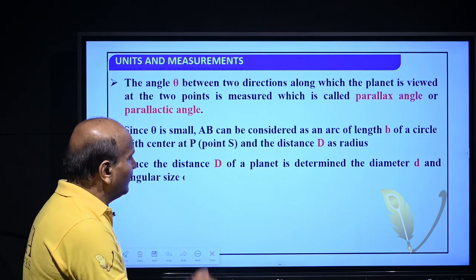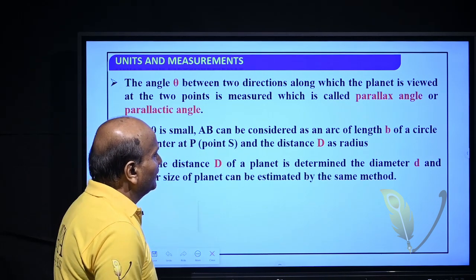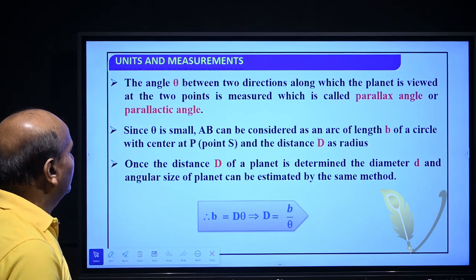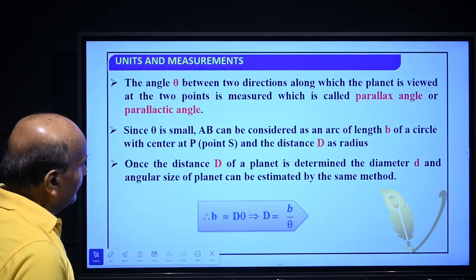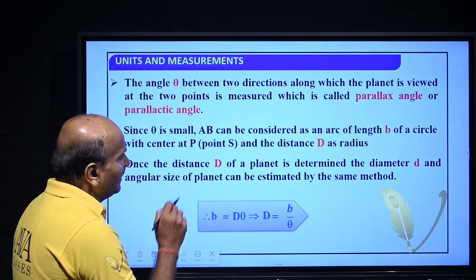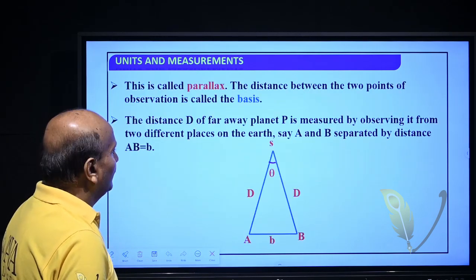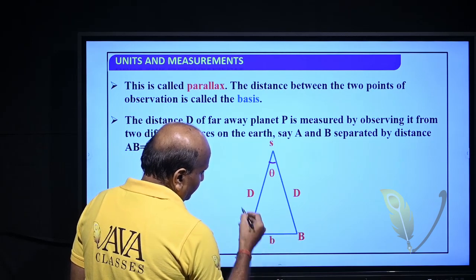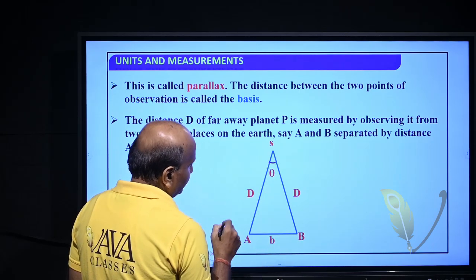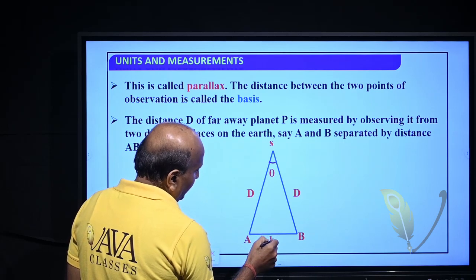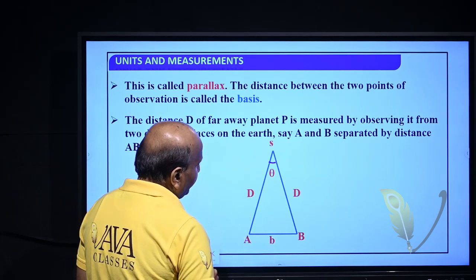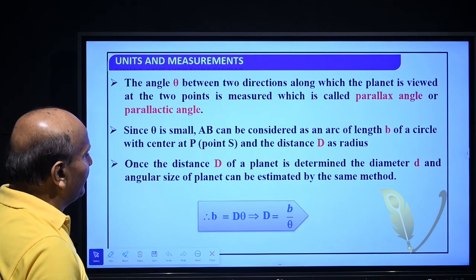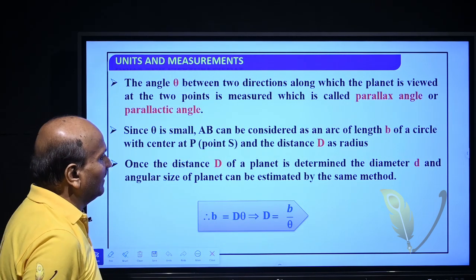Since theta is small, AB can be considered as an arc of length b of a circle with center at P and distance D as radius. So, we know theta is equal to l by r, so this will be b by D. In this case we can find D: D is equal to b by theta.